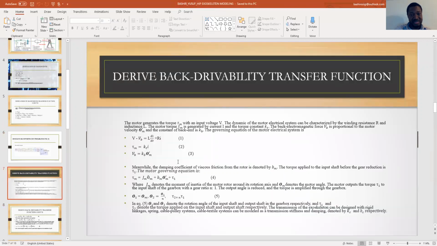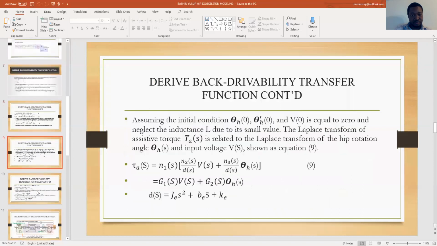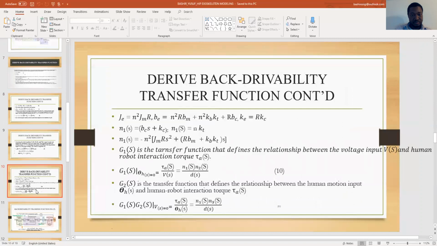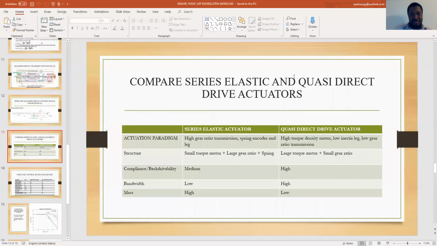For the back-drivability, this is the derivation of back-drivability, showing the increase in torque and the reduction in the speed of the model. And to compare the series elastic and quasi-direct drive actuator, for the series elastic actuator, the back-drivability is medium.